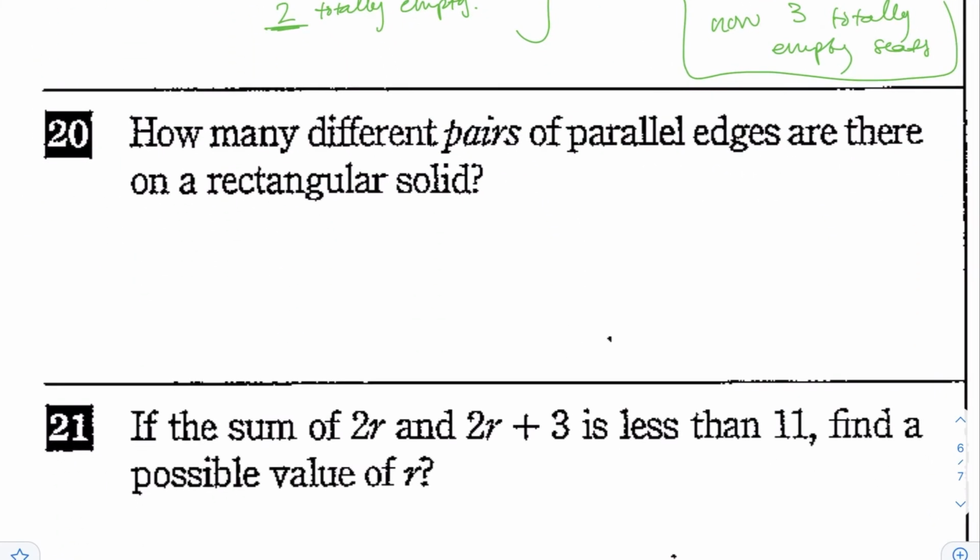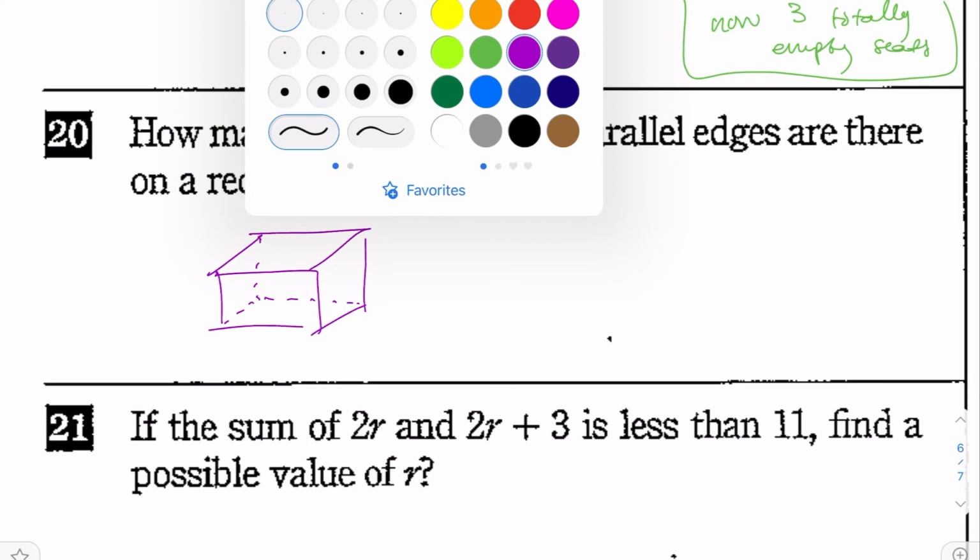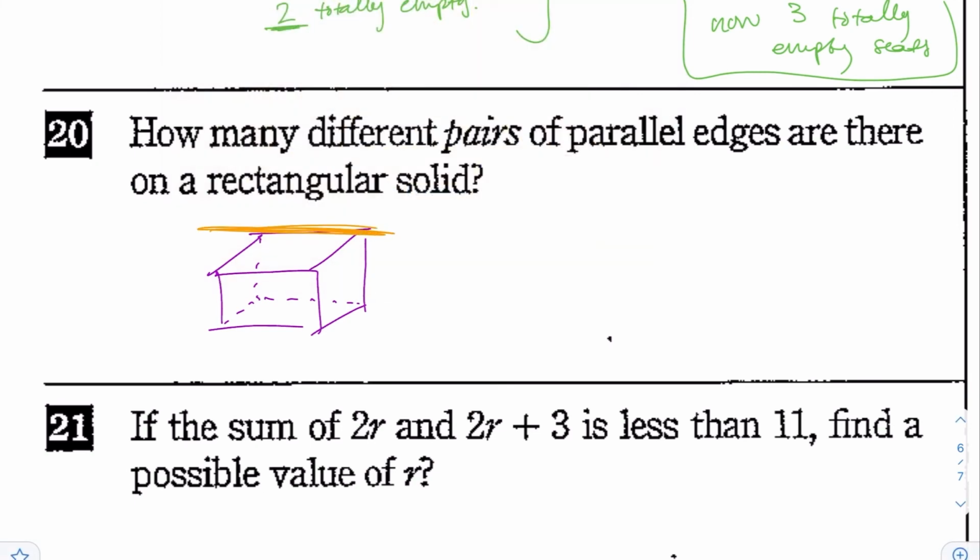Next, for number 20, how many different pairs of parallel edges are there on a rectangular solid? I'm going to compare parallel edges on this rectangle. So here, to figure out the parallel sides, if you just do the horizontal ones and label everything A, B, C, D, you know that A and B are parallel, A, C are parallel, A, D are parallel.